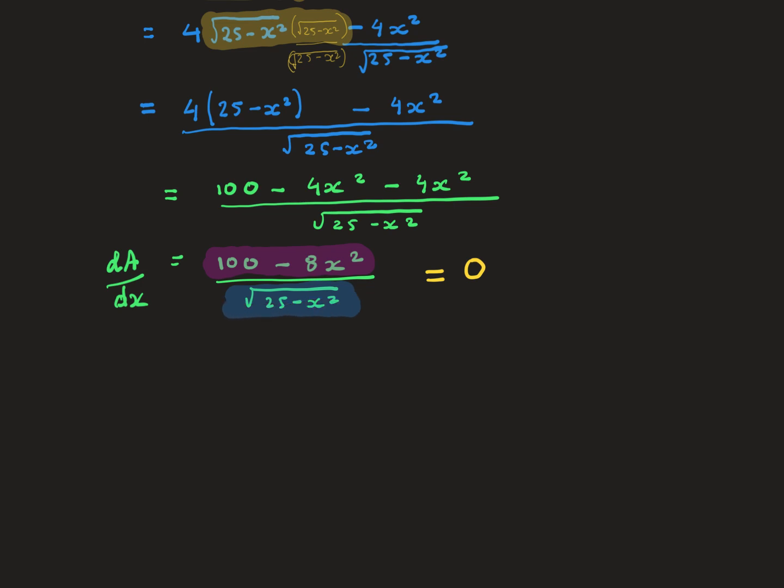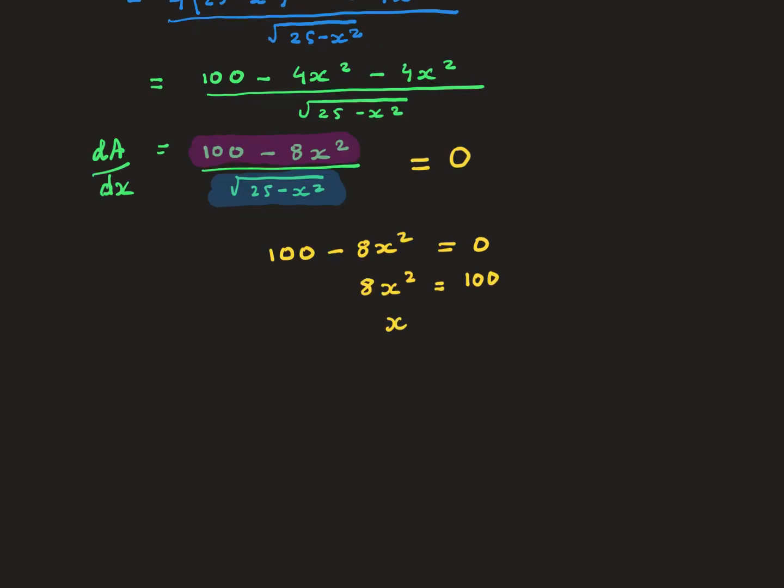It tells us that x cannot be equal to 5, which is what we put our restrictions on already. So let's just work through the top bit and say, okay, 100 minus 8x squared is 0. x squared is equal to 100 over 8.